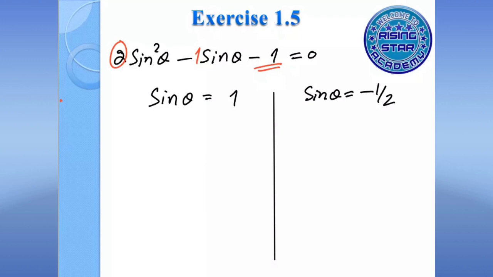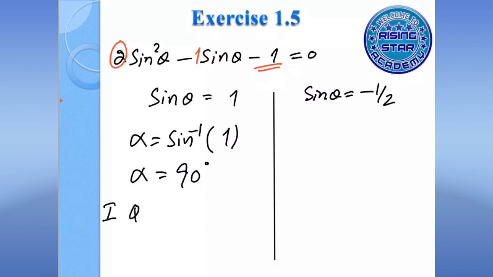So now we will find the basic angle alpha. We will take sine inverse of 1, and we know that sine inverse of 1 is 90 degrees. Sine is positive in the first and the second quadrant. So for the first quadrant, x would be written as alpha, so that would be 90 degrees.